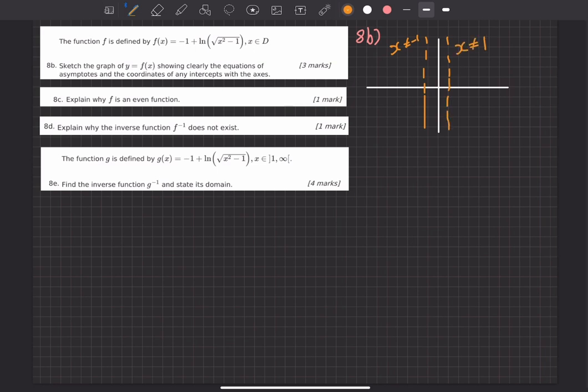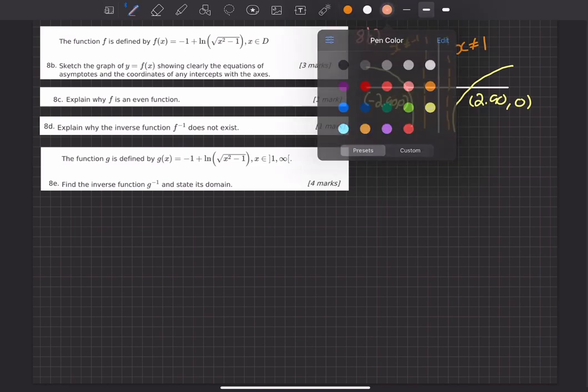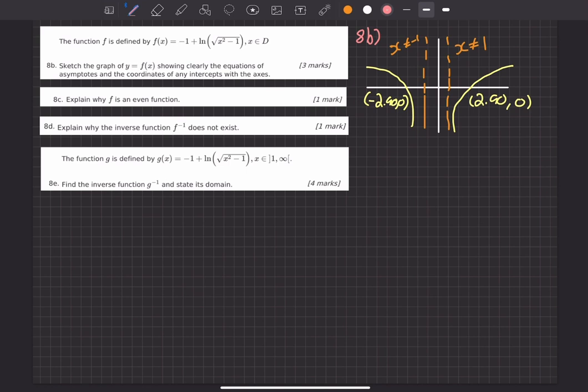I don't really need a calculator to find this out. And the graph crosses the x-axis at 2.900 and negative 2.900. Again, you can just get this by putting it into the calculator. Pretty simple.